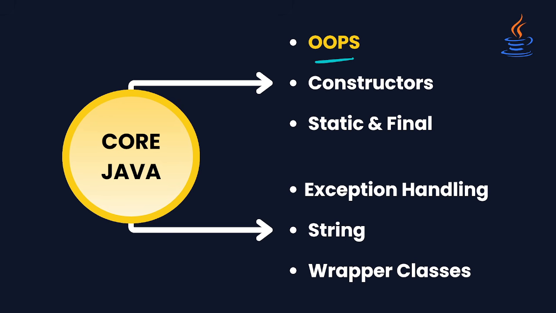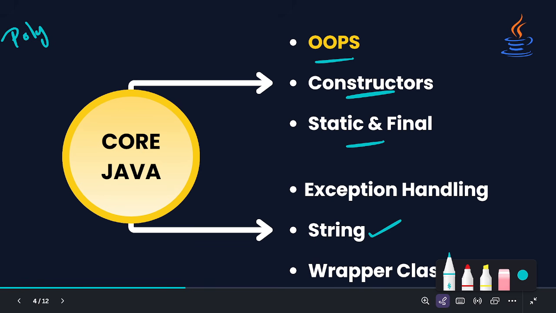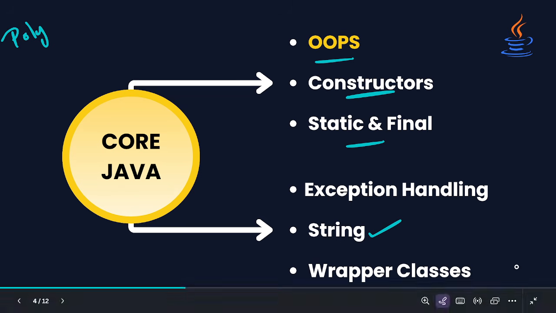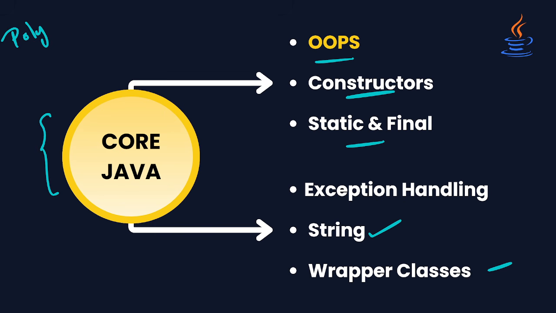For example, if I ask where you used polymorphism in your project, you should be able to answer it immediately. Also understand the constructor, static and final keywords, exception handling, the difference between String, StringBuffer, and StringBuilder, and wrapper classes. This is a foundation that you must make strong enough.